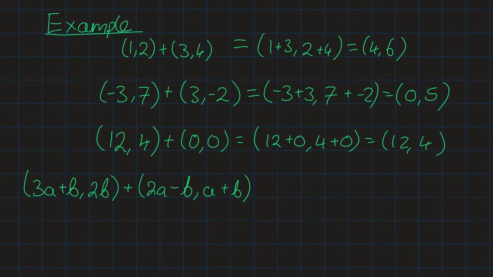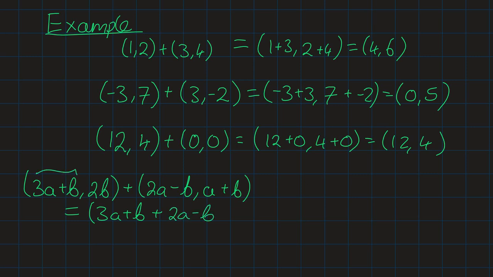Finally, let's look at this last one, which has variables in it. Okay, so this one is much more confusing looking because it has variables, but the principle is exactly the same. Okay, so what do I have here? Maybe I'll write it on the next line so I have lots of room. (3a plus b plus 2a minus b, 2b plus a plus b).